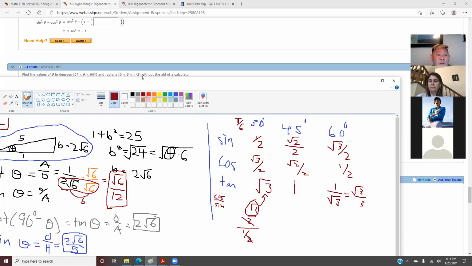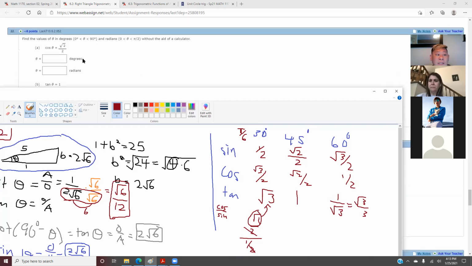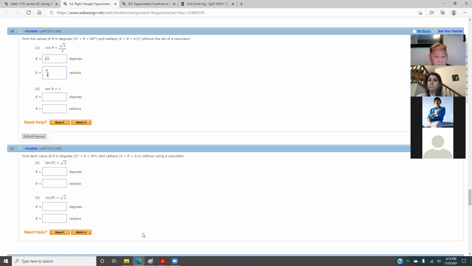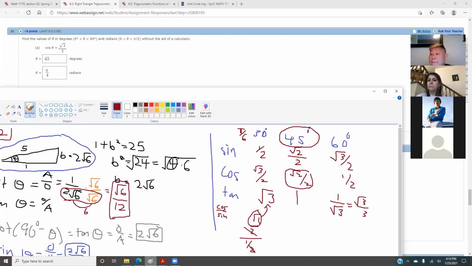If you get to question 22, you do the opposite now. Cosine of what is √2/2? If you look at cosine, √2/2, the answer is 45 degrees, and the radian is pi/4. You guys okay here?